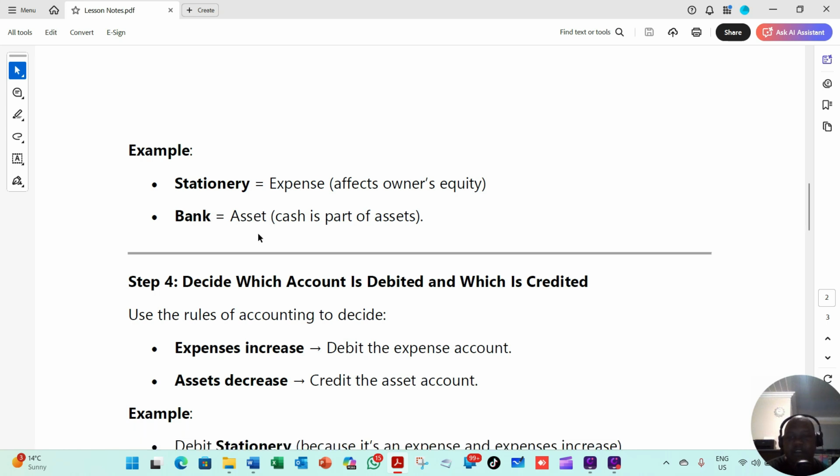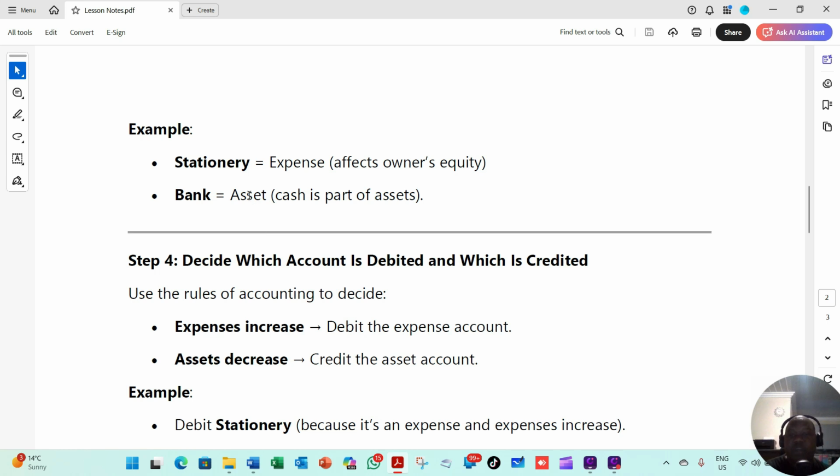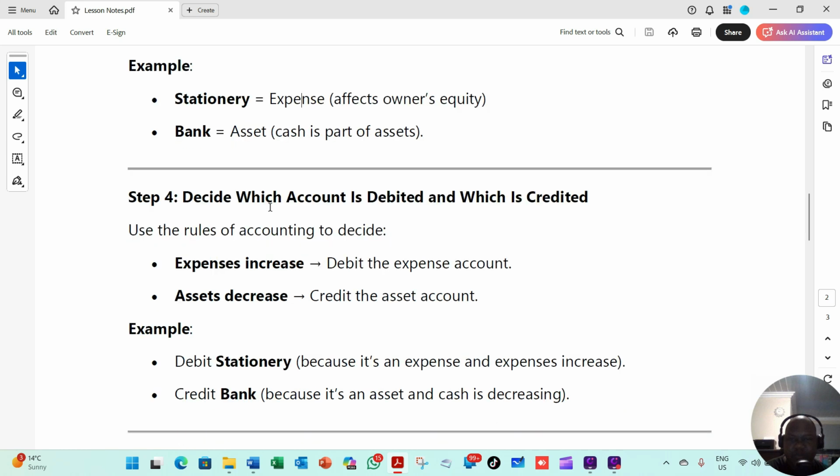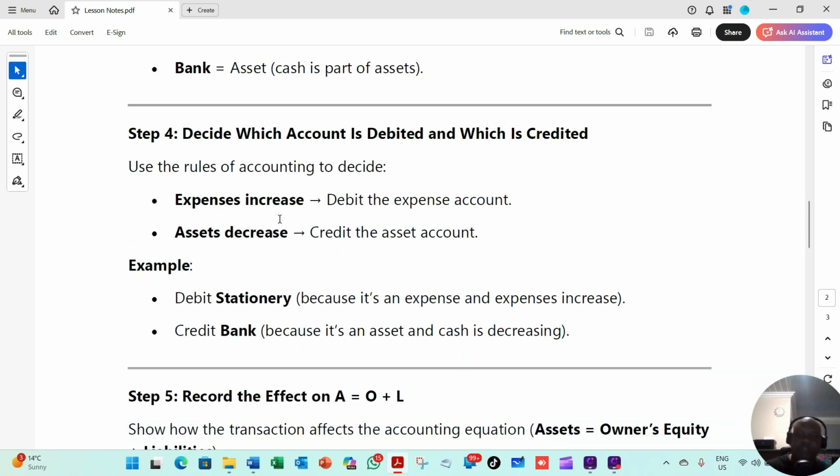And then decide which one is going to be debited and which one is going to be credited. So you ask yourself, is this stationery account increasing or decreasing? Is this bank account increasing or decreasing? And when an expense increases, do we debit or credit? When an asset increases or decreases, do we debit or credit? So that is the question you should ask yourself.